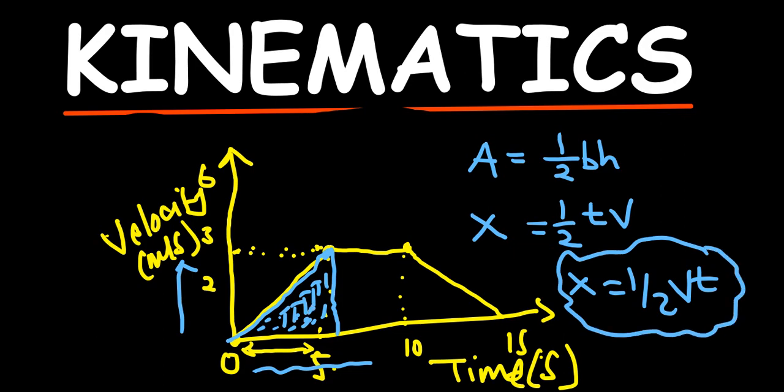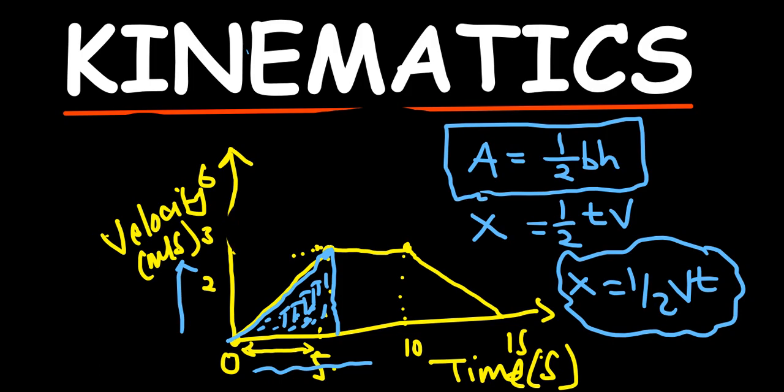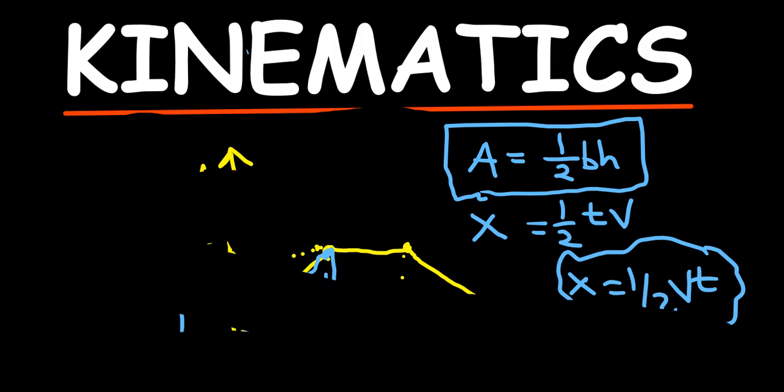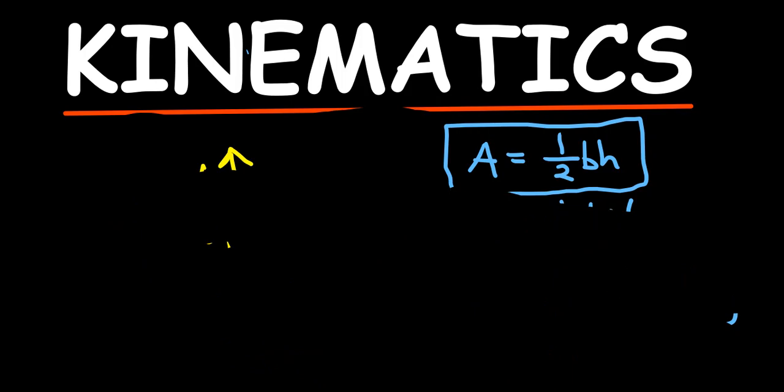So this formula that you're going to use in order to find the distance will depend on the shape that you have. So let's say, for example, the distance that you want to find is making a rectangle or a square. Let's say it's making a rectangle like this.